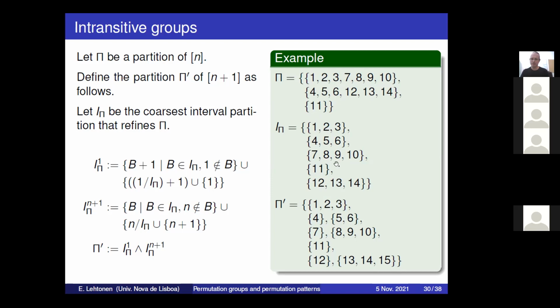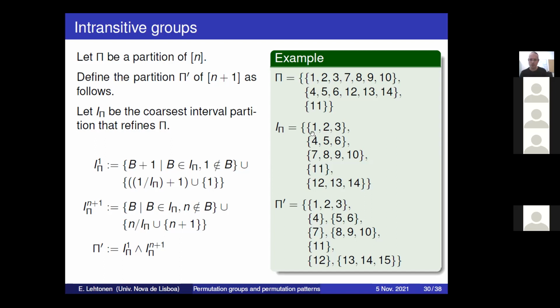And then, given these intervals, we can build the partition on the n+1 element set. We take each one of these intervals and we split it into two parts. The two parts will be the smallest element of the interval and the rest. But there are two exceptions.